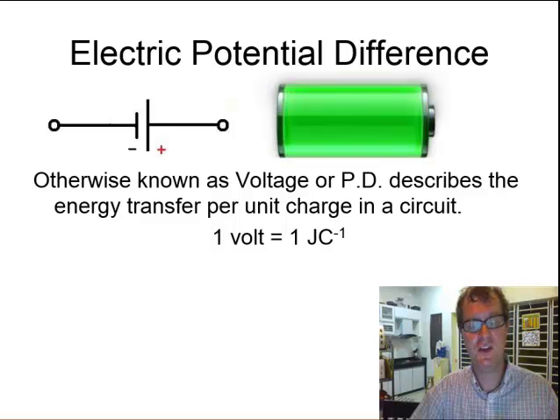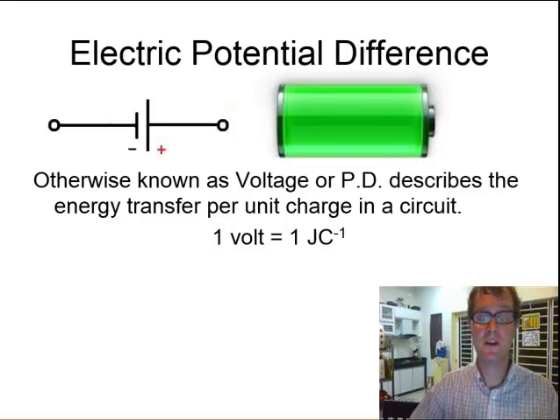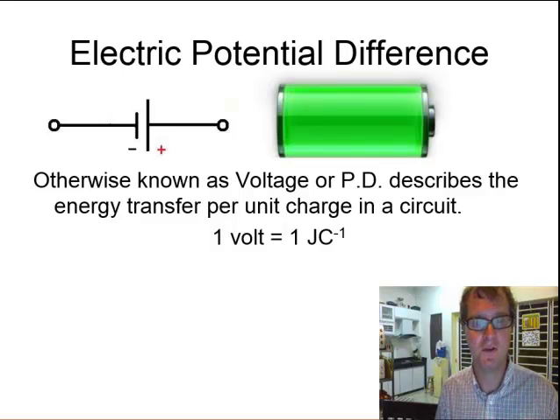The idea of energy going in and out of the circuit is perfectly acceptable and what you've got used to in making measurements when you've done anything on electricity. Now, within topic 5 of the IB physics syllabus, there's a requirement to think about electric potential difference at a field level.